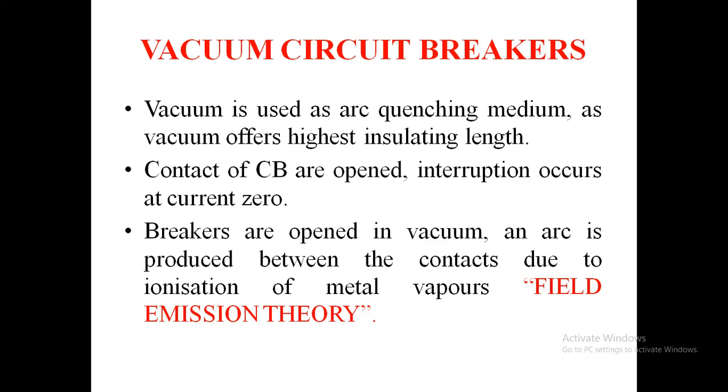The dielectric strength of the contact space will be higher than that of other circuit breakers. When the contacts are opened, the arc is produced between the contacts in a metal vapor, which can be explained using the field emission theory.